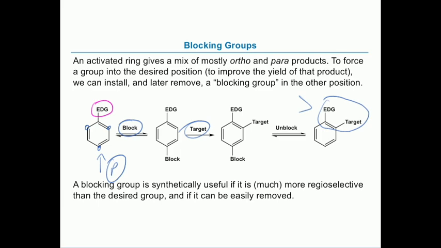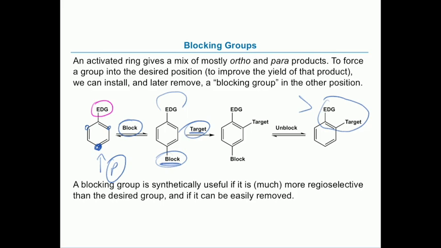Now you remember, para is generally favored when it comes to steric attacks. So it's possible to do a reaction where the para position is actually more favored, probably because this group might be bulky or something, and we are reacting at the para position preferentially. Once we have that para substitution, again because of a steric argument, then we can follow up and do a reaction of our target.